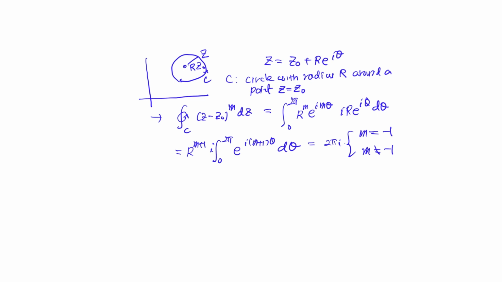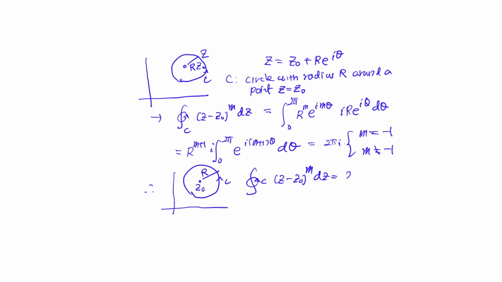So we have a general result for a circle; this is probably the most general result, right? This is C, this is z naught, this is r.